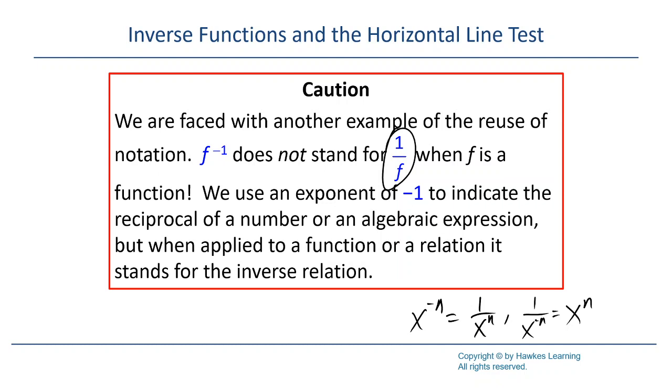It is kind of solved a little bit in trig, because sine inverse, for example, sometimes you'll see it written as arc sine, which means the inverse sine of x.